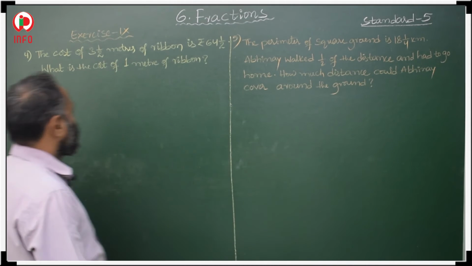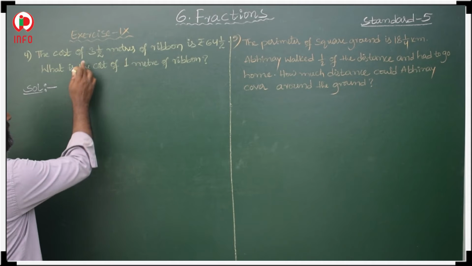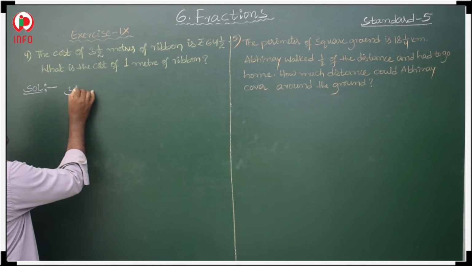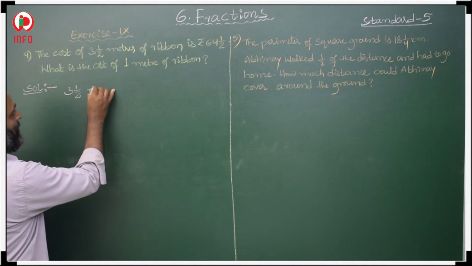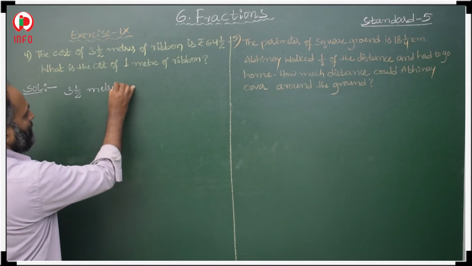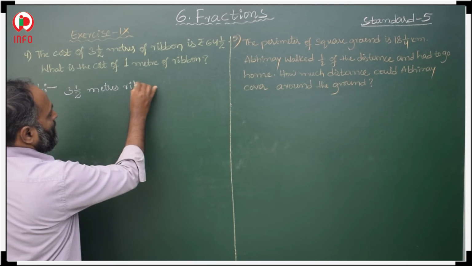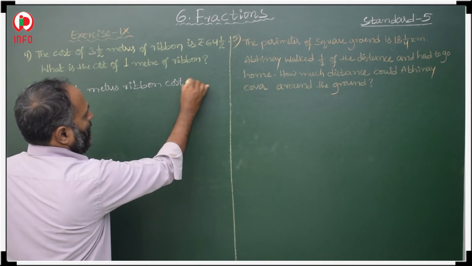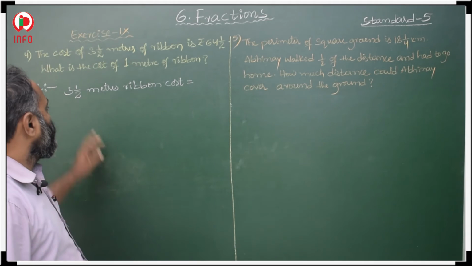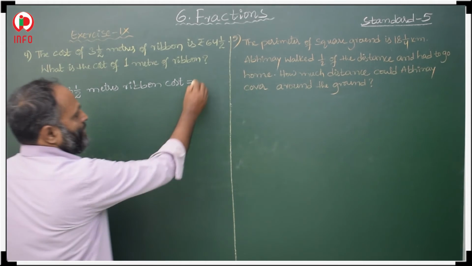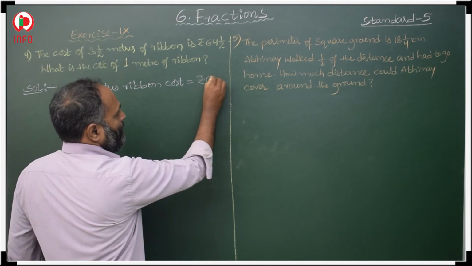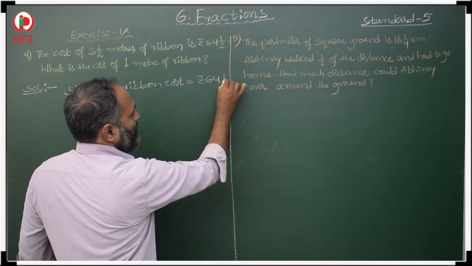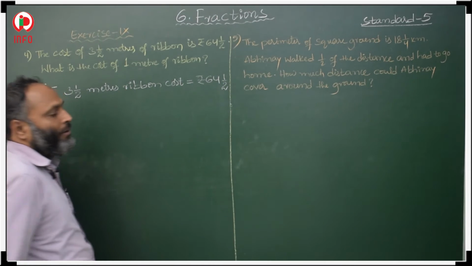So here, steps. What is the first step? 3 1 by 2 meters of ribbon costs how much? 3 1 by 2 meters of ribbon costs 64 1 by 2 rupees.